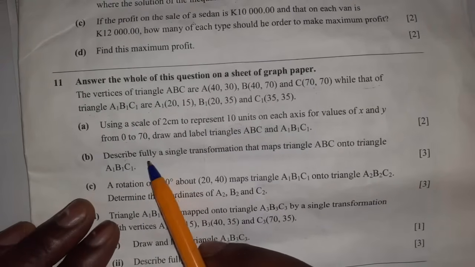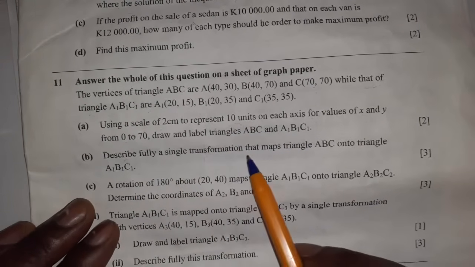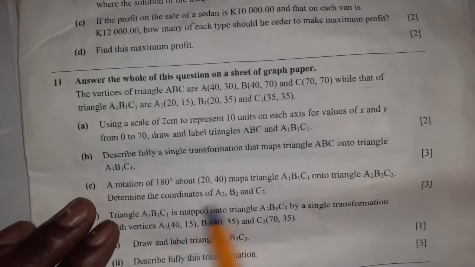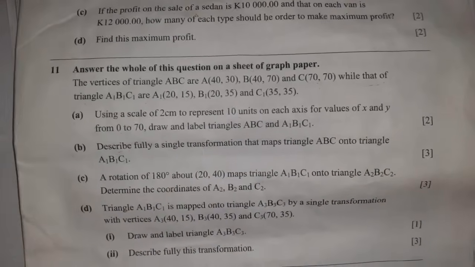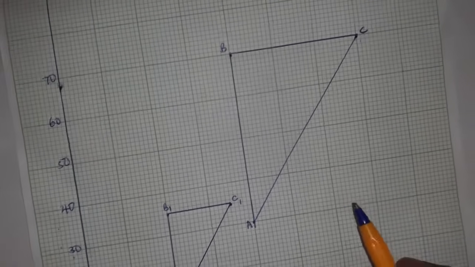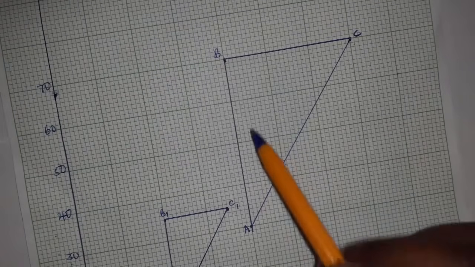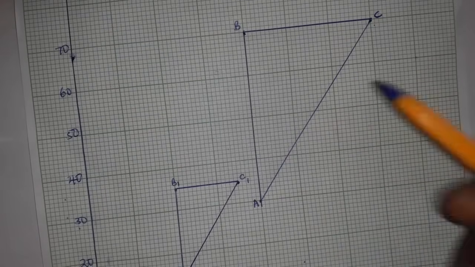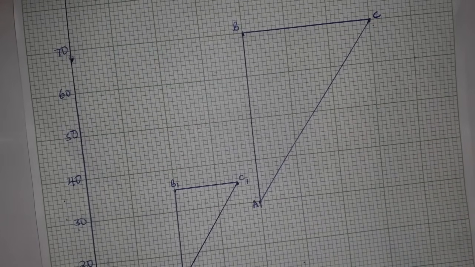Describe fully a single transformation that maps triangle ABC onto triangle A1, B1, C1. Okay, so we are saying triangle ABC is mapped onto this one. So what is this transformation?